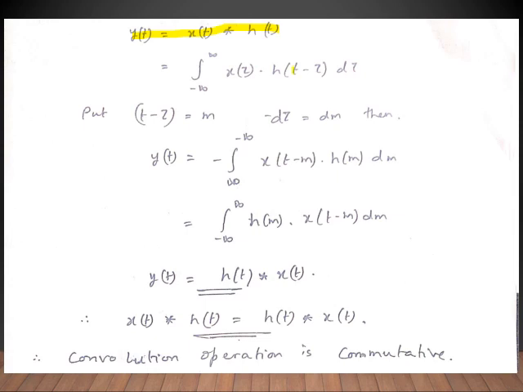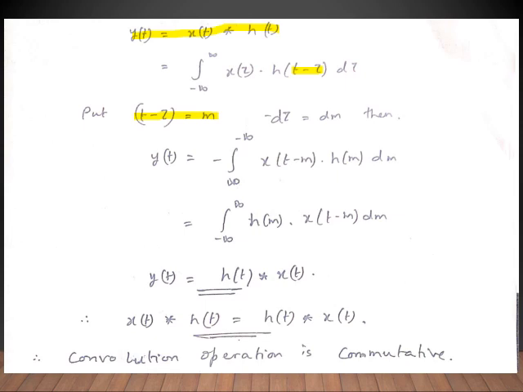The substitution is required for the h term. So here also we take t minus tau equal to a new term m. Taking the differentiation, d tau is defined in terms of dm with a minus sign. Then the integration limits change.